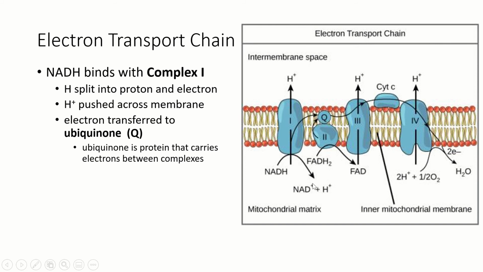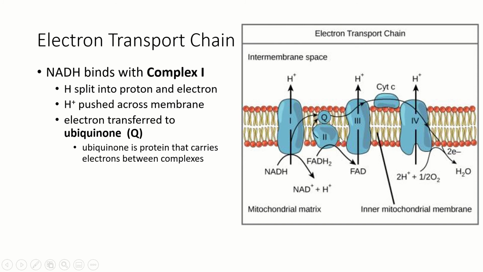The NADH and the other H+, the other proton, are going to end up here inside the matrix. Now this is complicated because it's shown differently on different diagrams, like how many hydrogens actually get pushed across. I don't actually need you to know how many hydrogens get pushed across at each step. Just know there's a lot of them. That's what's important. There's a ton of hydrogens that get pushed across the membrane.